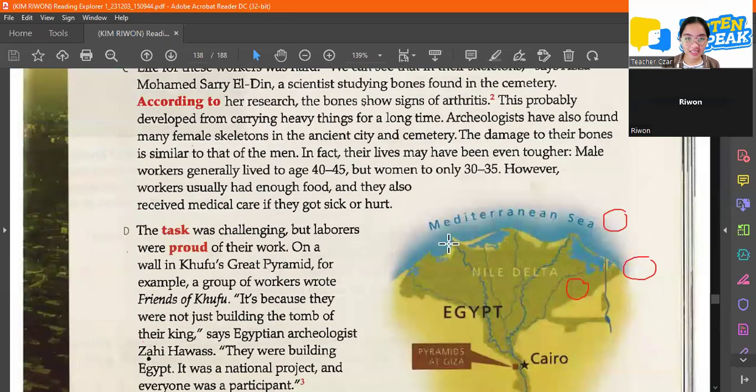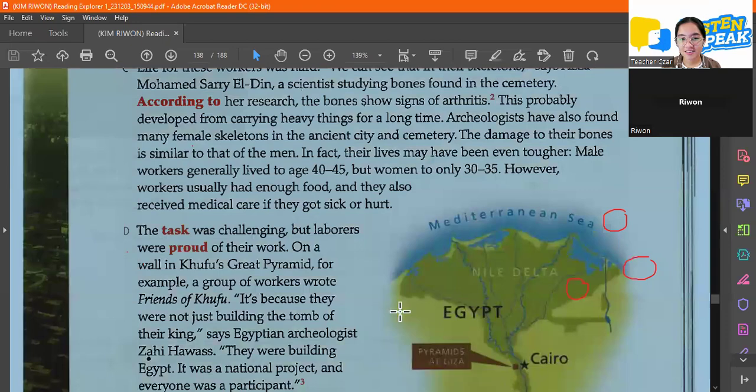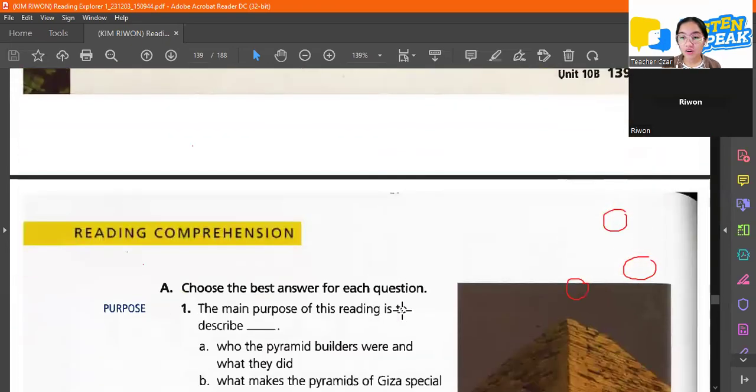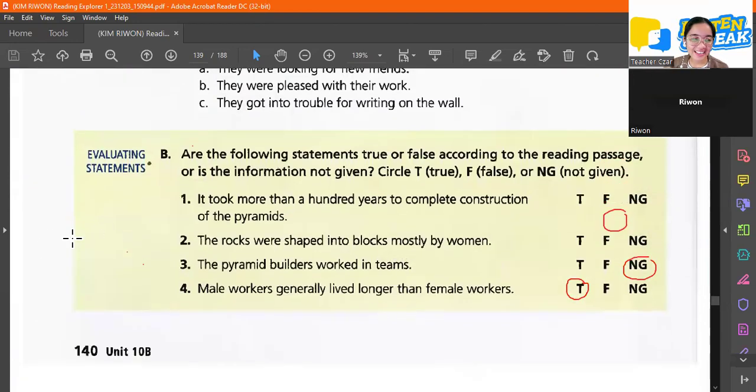In fact, male workers generally live to age 40 to 45, while on the other hand, women only live for about 30 to 35 years old. Then it's true. The lifespan of males is longer than women or females. Okay, any questions? No.